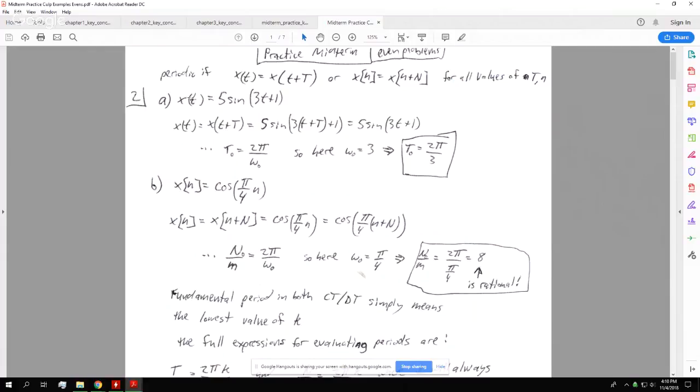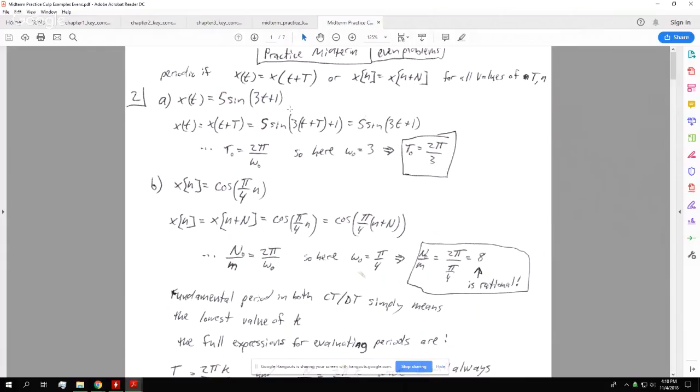So we're given a signal in this problem, x of t equals 5 sine of 3t plus 1. The way we want to determine if this is periodic or not, well, first off, this is a sinusoid, so we know by definition all sinusoids are periodic. This one's just multiplied by some magnitude, 5, and it has a modified angular frequency and a phase shift.